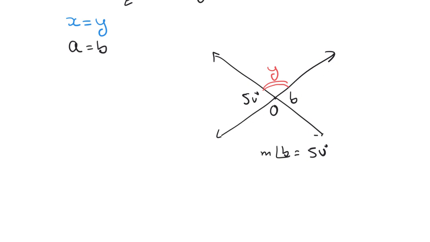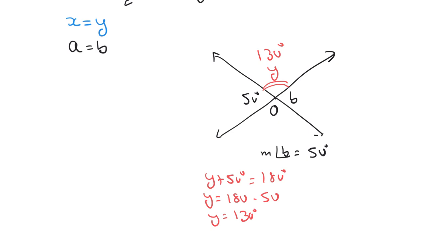And on a straight line, Y plus 50 degrees is how much? It's 180, isn't it? So Y plus 50 degrees is 180 degrees. So Y is equal to 180 minus 50. Y will be equal to 130 degrees, isn't it?